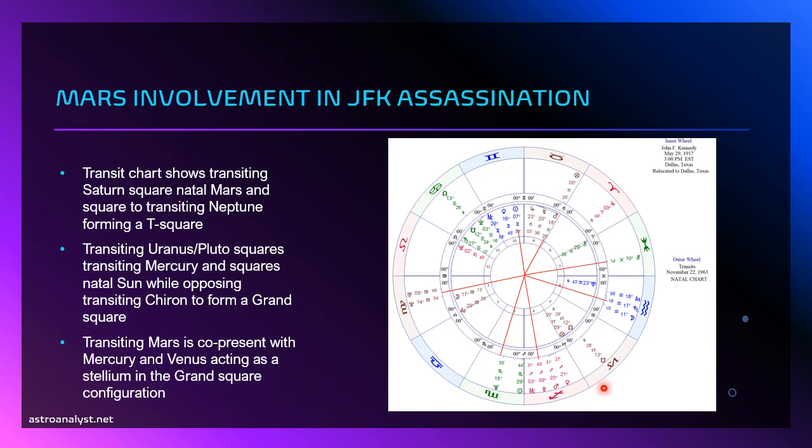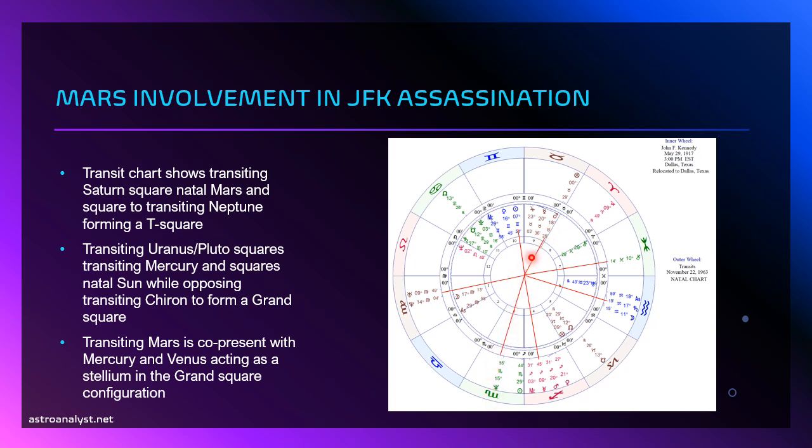The first thing we want to look at, though, is this incredible tight square between transiting Saturn and his natal Mars, in detriment. That's only a few minutes of orb away. Actually, it's about a degree, but it's still a very tight square. And then you have that Mars opposing transiting Neptune.